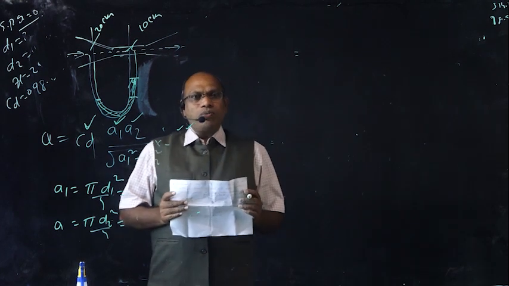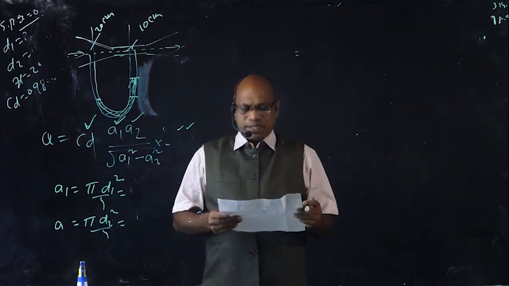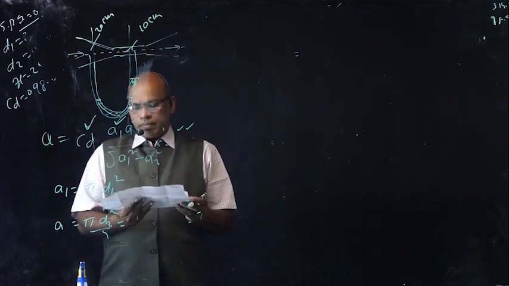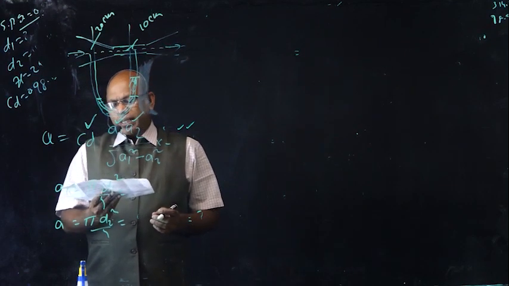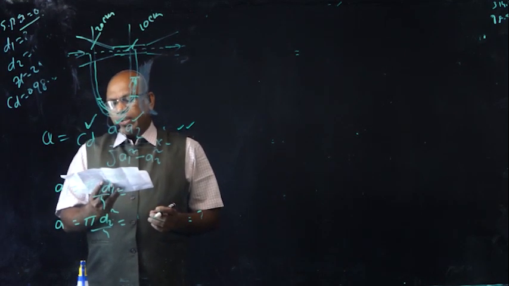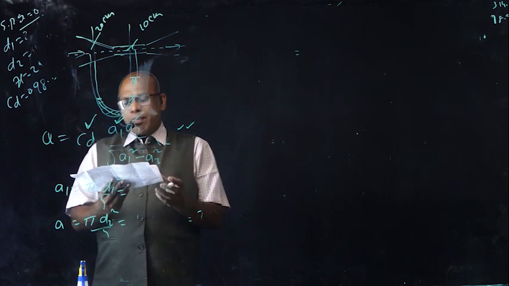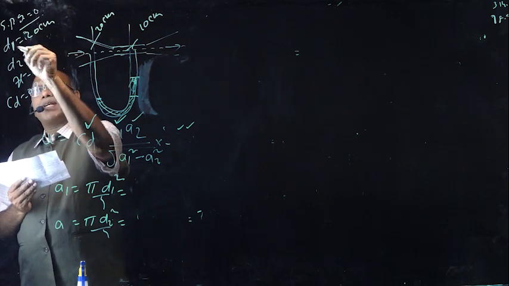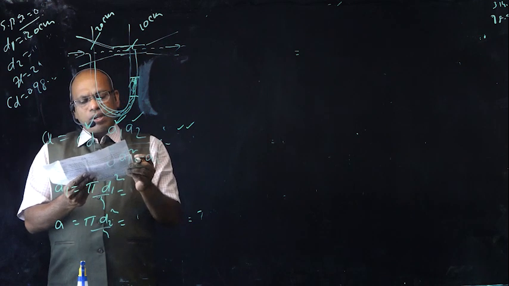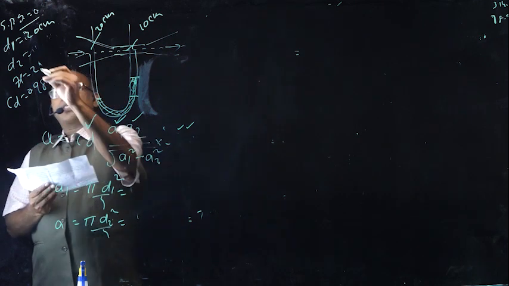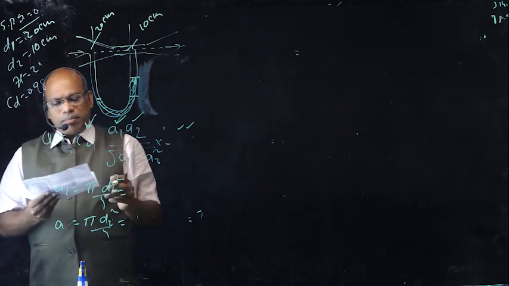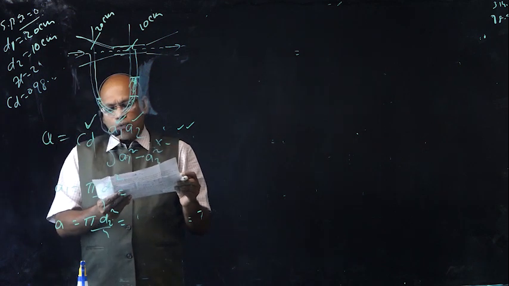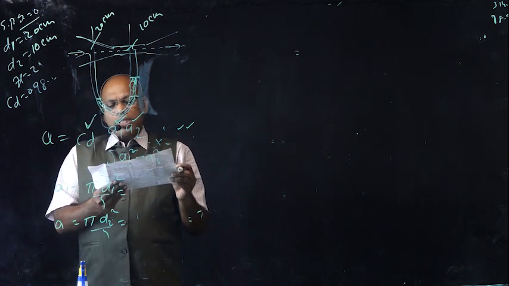Now we are going to solve one more problem related to venturimeter. Please note down the problem. A horizontal venturimeter with inlet diameter 20 centimeters, D1 is equal to 20 centimeters, and throat diameter 10 centimeters, that is D2 equal to 10 centimeters, is used to measure the flow of oil of specific gravity 0.8.